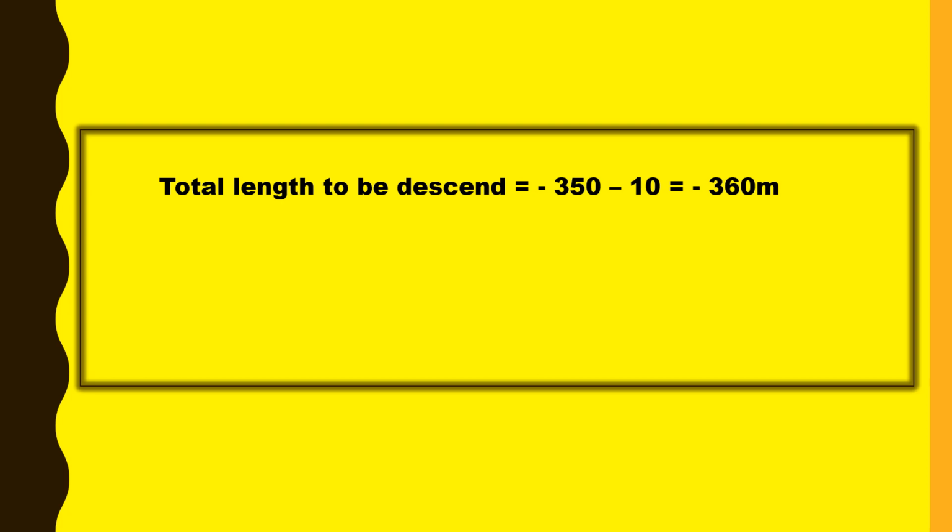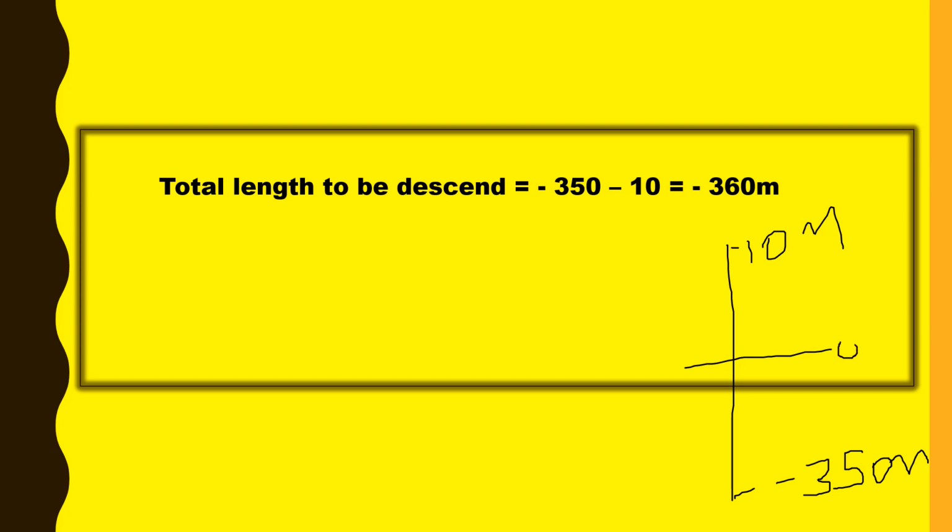One thing you should remember, as the elevator is going down, we will take them as negative values. The total length the elevator should travel: it should travel to a point -350 meters, and the question says it should start from 10 meters above the ground level. If the question asked from the ground level, we could take only -350 meters.